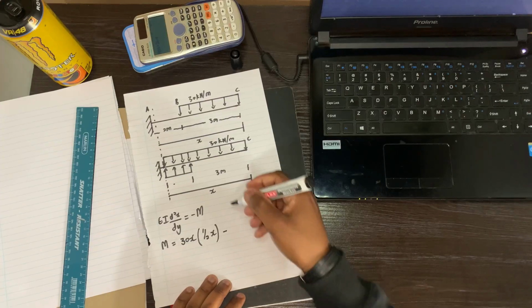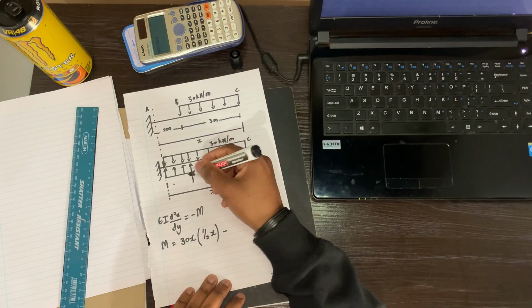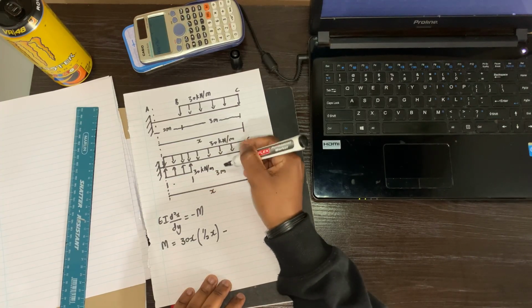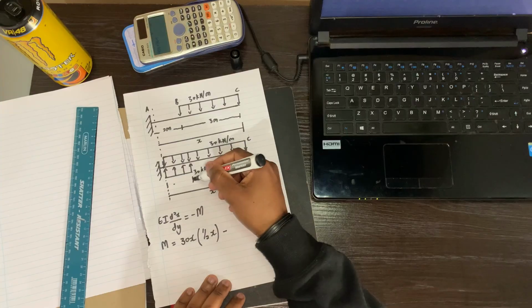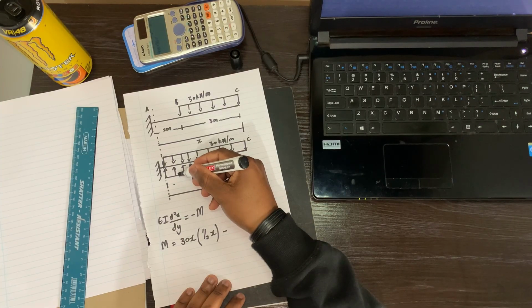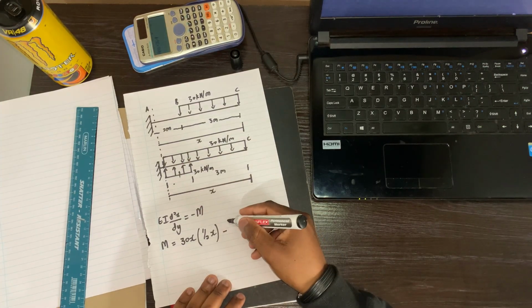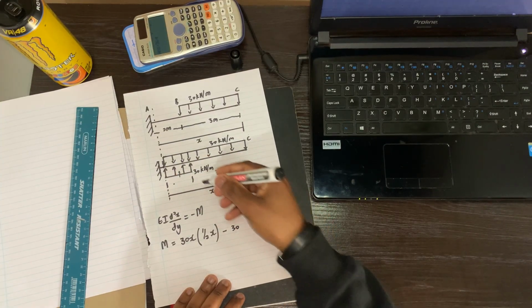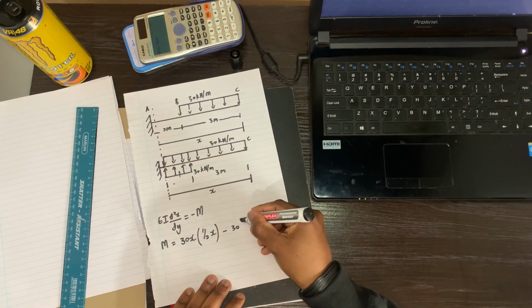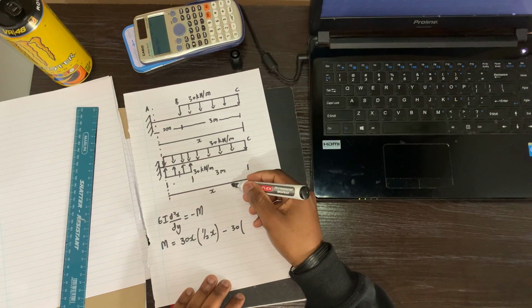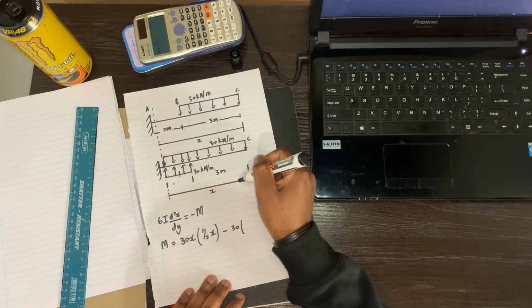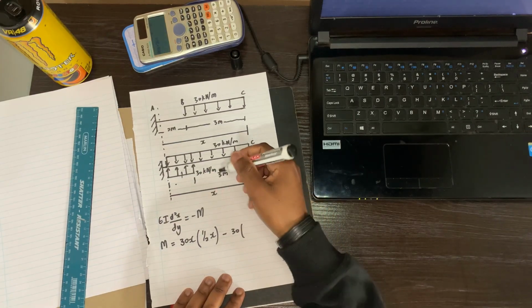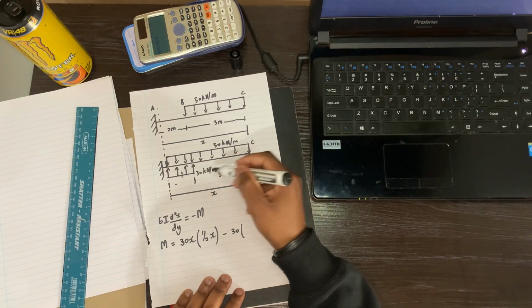And then minus this one. We do know that also is 30 kilonewtons per meter, right? And do we know the distance from here to here? So if we make it a point load, it's going to be 30 multiplied by x minus 3, not 2, because we know that from here to here is 3.